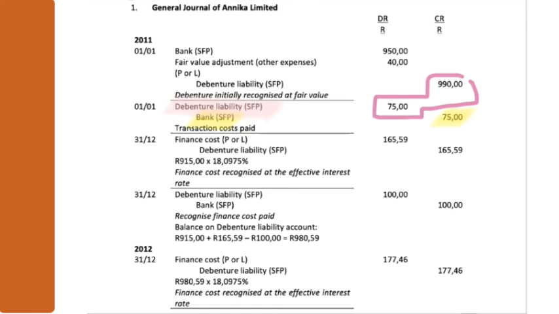Credit bank. So there's always a debit entry that we are wondering about. And the debit entry is the financial instrument that you have. In this case, it's a debenture liability, because a liability has a credit balance and you are now debiting the liability. It reduces the balance.